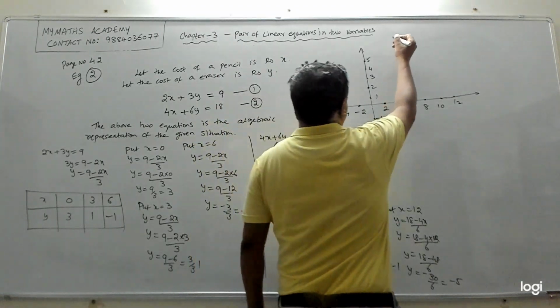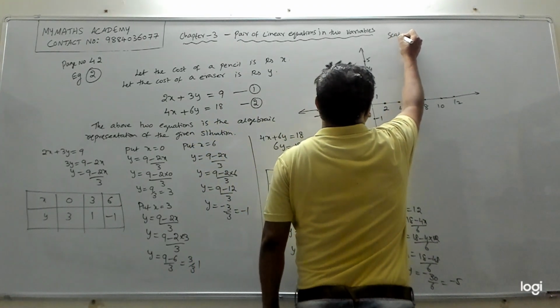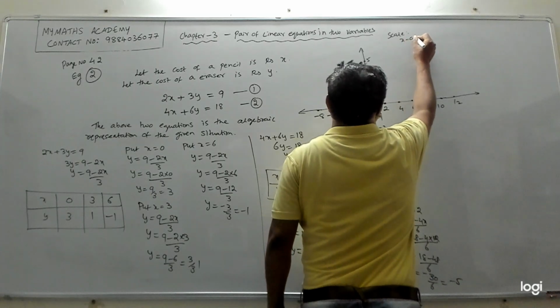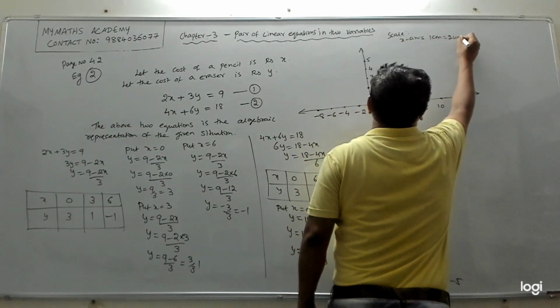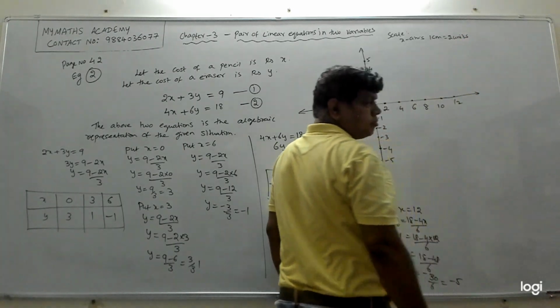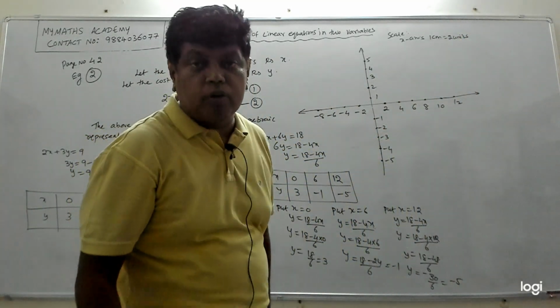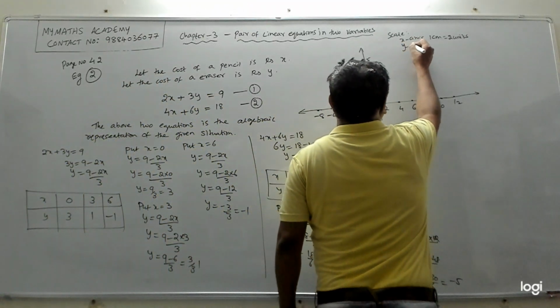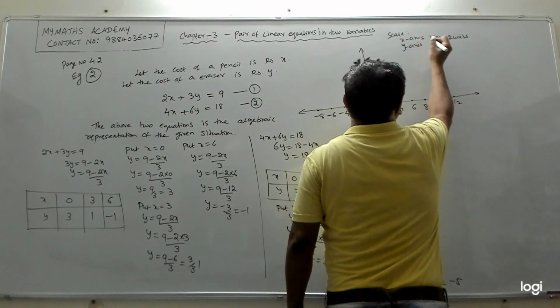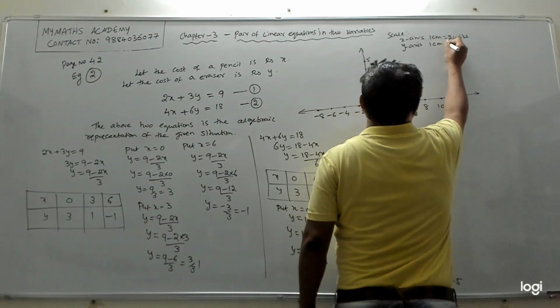So you write the scale. The scale will be x-axis 1 centimeter equal to 2 units. Then y-axis 1 centimeter equal to 1 unit.